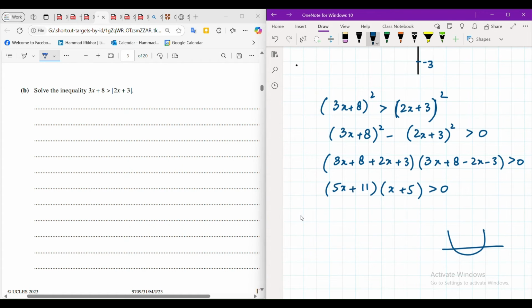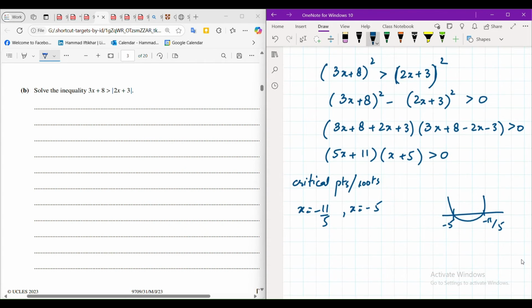So the critical points, or roots, are minus 11 over 5 and x is equal to negative 5. So negative 5 and negative 11 over 5. So since we want greater than 0, that would be this area and this area. So when x is less than negative 5 and when x is greater than negative 11 over 5.